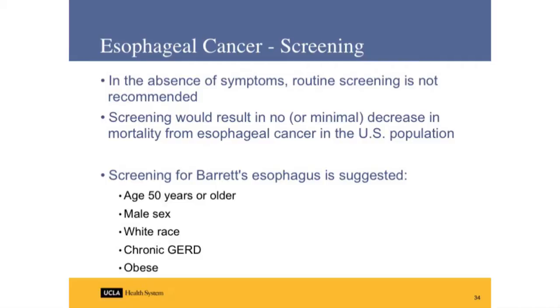However, it is recommended to screen to see if patients have a condition called Barrett's esophagus in certain individuals who are at high risk of developing esophageal cancer. And so basically, if patients are age 50 years and older, are males, are white or Caucasian, have chronic reflux symptoms, and are obese, those patients should be screened for Barrett's esophagus.